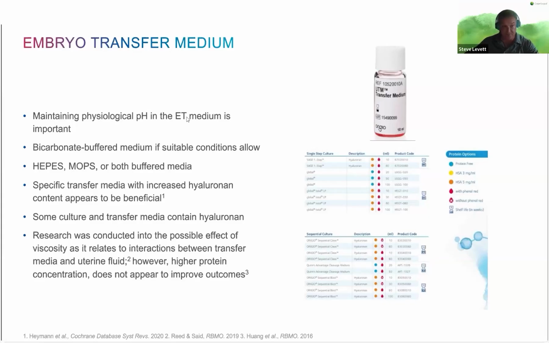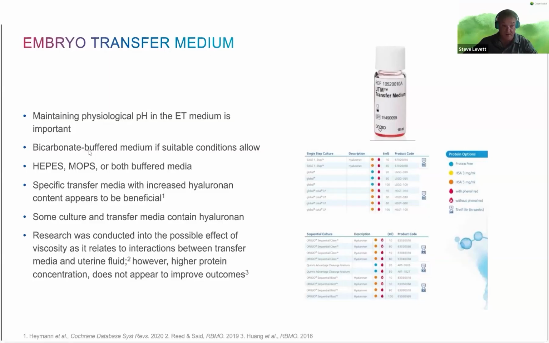All of those factors are important because you've taken a long time and a lot of care to create the best embryo. You may have done genetic testing to show that it's euploid. And now you come to do the critical stage at the end, and the choice of medium, the way you treat it, the way you set up the dishes, etc., can have a profound impact on the outcome if it's not done effectively.